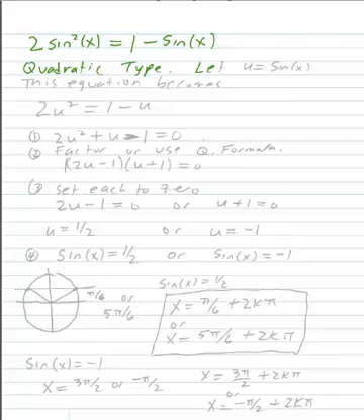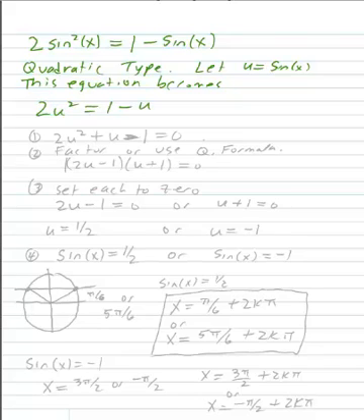If we let u equal the sine of x, this equation becomes two u squared is equal to 1 minus u.